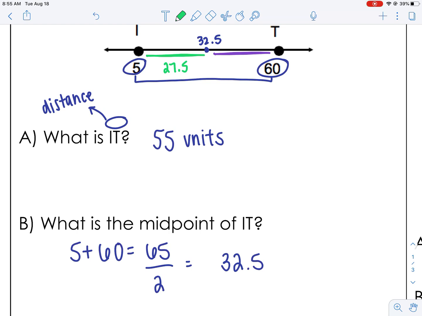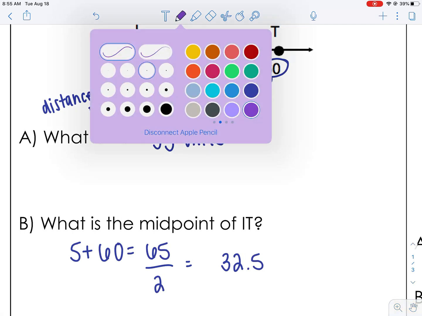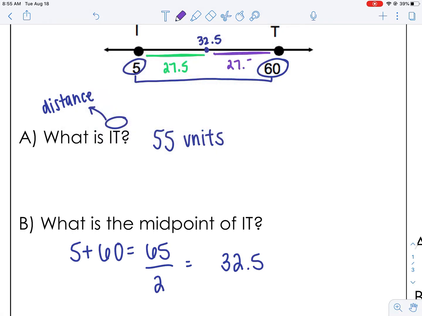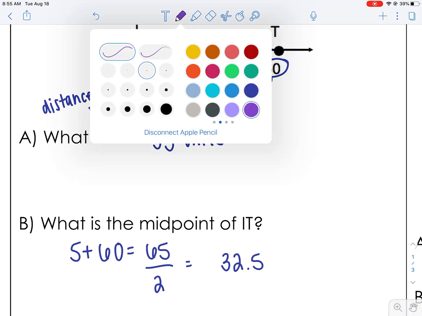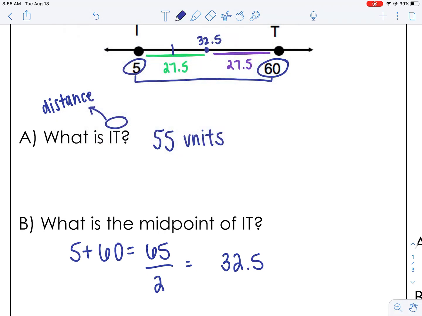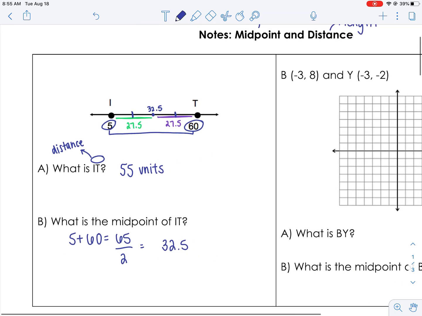And then if you go to the other side and you ask from 32.5 to 60, so I do 60 minus 32.5, I also get 27.5, which means that 32.5 is in the middle. I can even add ticks just to note that that is the midpoint and that those pieces are congruent.